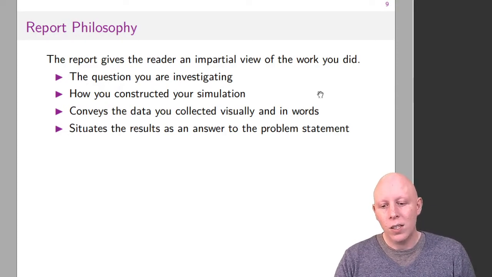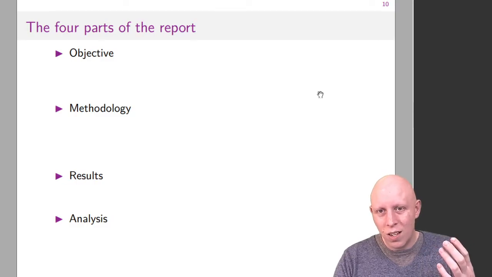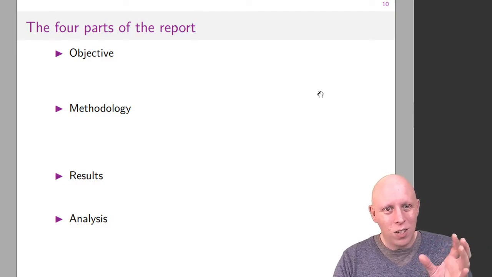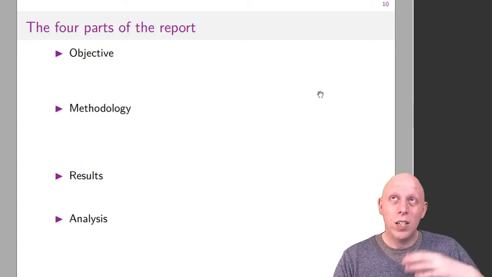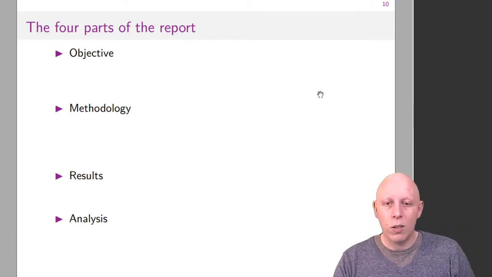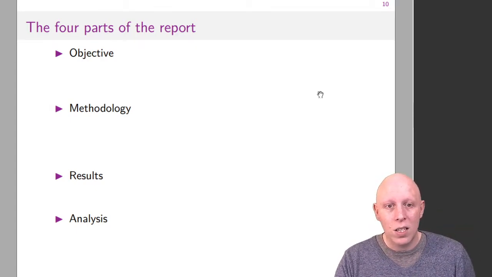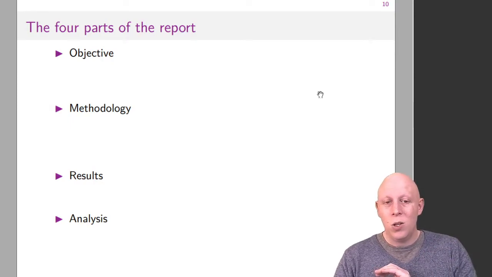All right, so just as we focused on those four different ideas in what we're looking for, these four ideas turn into four different parts of the report that you'll be submitting. And these four parts are going to be throughout the whole semester.